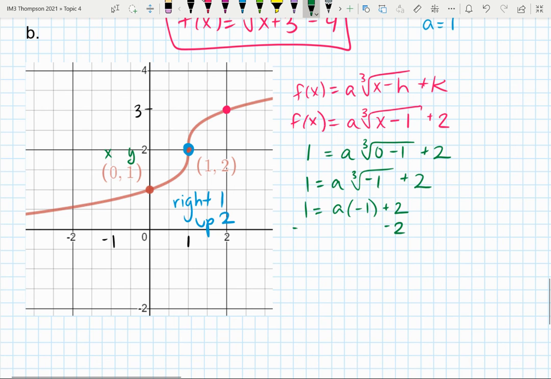And solve for A. So I subtract 2 from both sides. And if I divide both sides by negative 1, I just get A is 1.